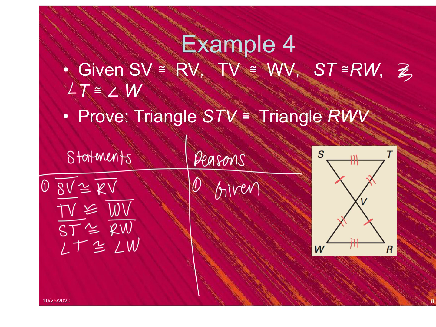So they basically gave us all three sides. Now I need to find all three angles, and they're also giving me one angle. The angle they're giving me is, I'm going to write one curve, angle T is congruent to angle W. So that's the information that I have.